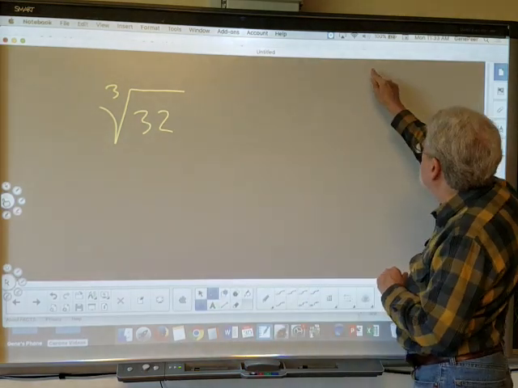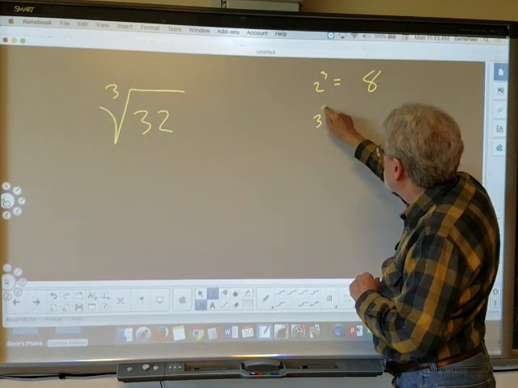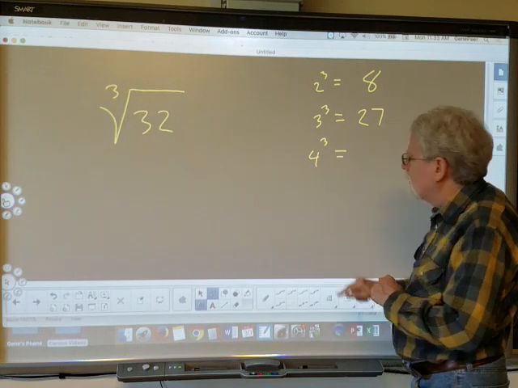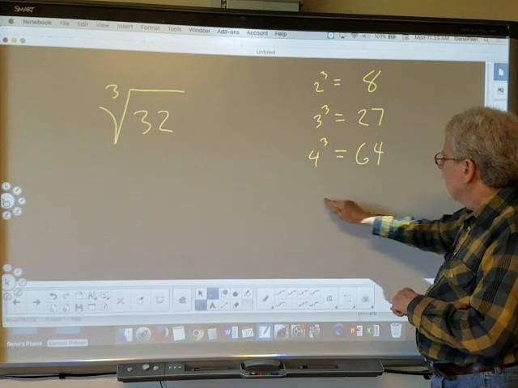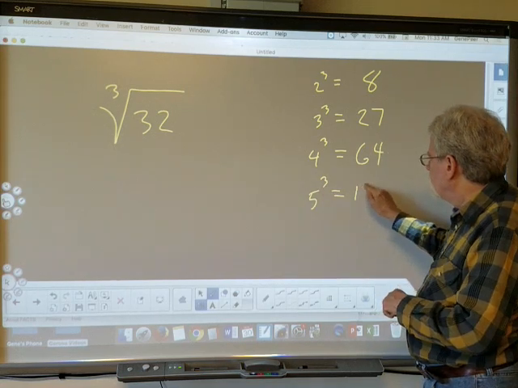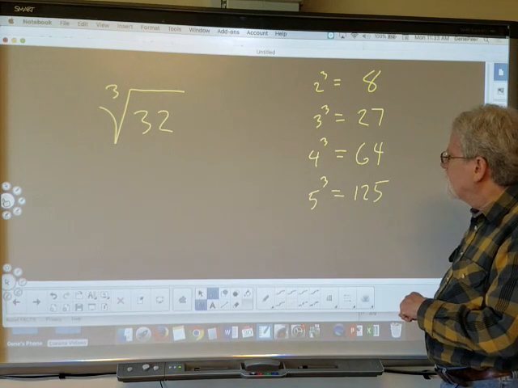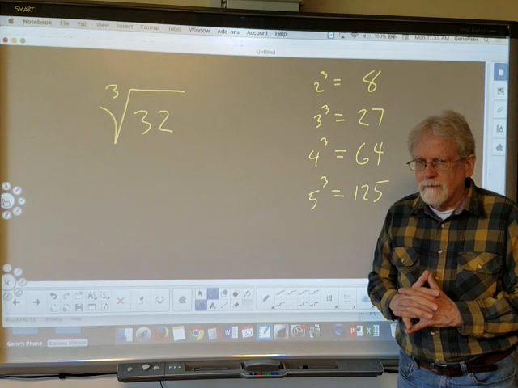Well, 2 cubed is 8. 3 cubed happens to be 27. What's 4 cubed? We saw that earlier today, or maybe that was in the review assignment. It turns out to be 64. 5 cubed is 125. 6 cubed I can never remember, and I don't really care because you're not likely to need anything higher than 125.